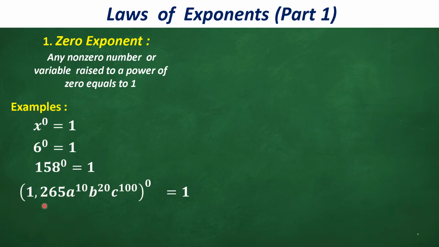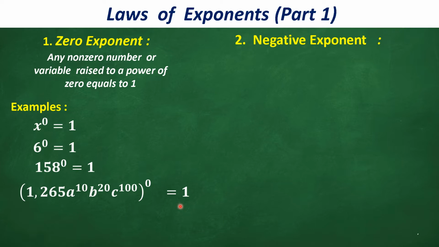At kahit pa magkasama ang non-zero digits or numbers at ang mga variables like this one, and then raised to the 0 power, then it's still equal to 1. So always remember na kapag mga non-zero number or mga variables, then ang kanilang exponent or power ay 0, then it is always equal to 1.